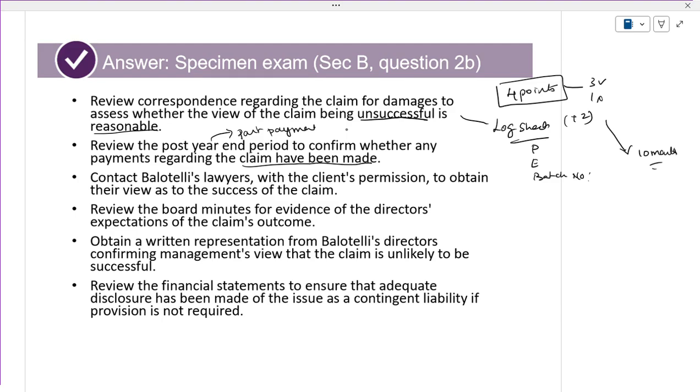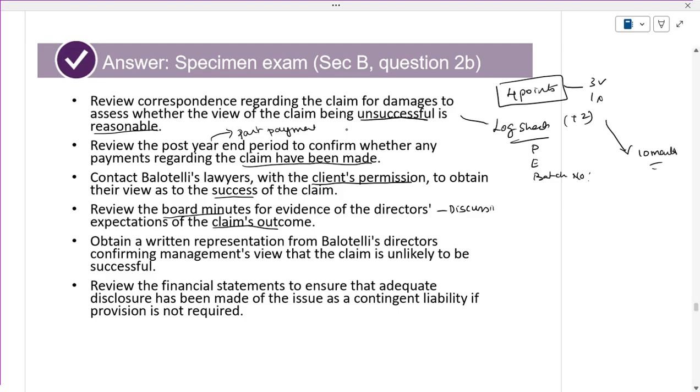Contact Botley's lawyers with the client's permission. Always contact the third party with the client's permission, keep it in mind. Obtain their view as to the success of the claim, whether it will be successful or not, whether it is genuine or not. Review board meetings for evidence of the directors' expectations of the claim and what discussion has taken place.